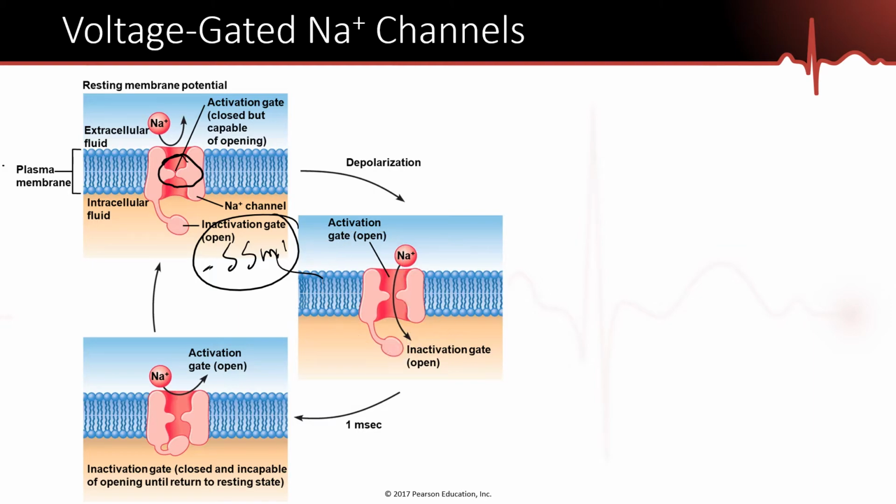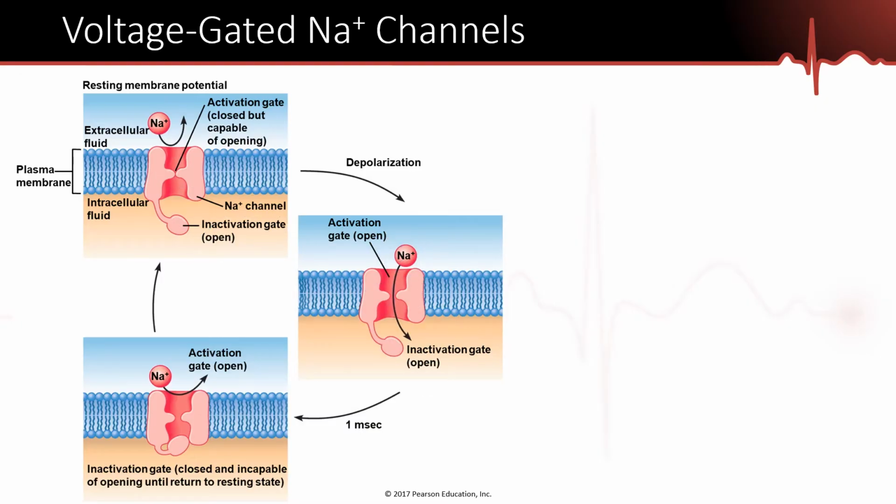But what specifically opens at -55? When you get to -55 millivolts, what opens on the voltage-gated sodium channels are their activation gates. Their activation gates are what open, and that is how the sodium ions get through them into the hillock region and drive it up to positive 30 millivolts.